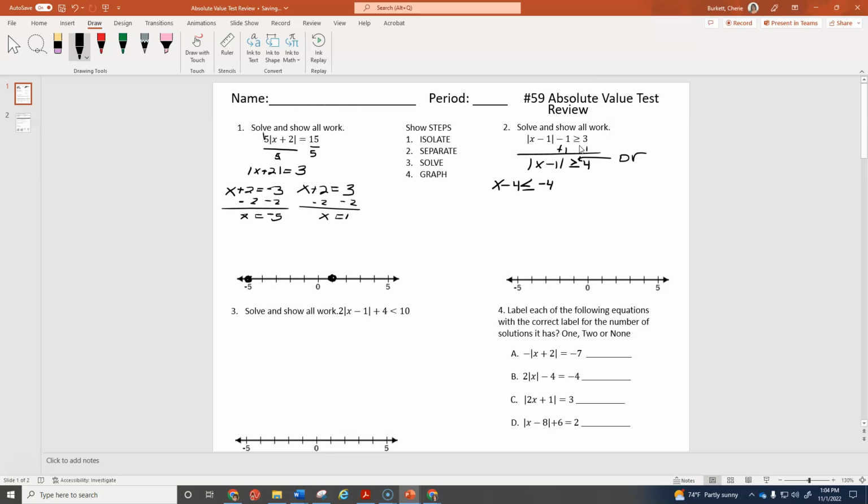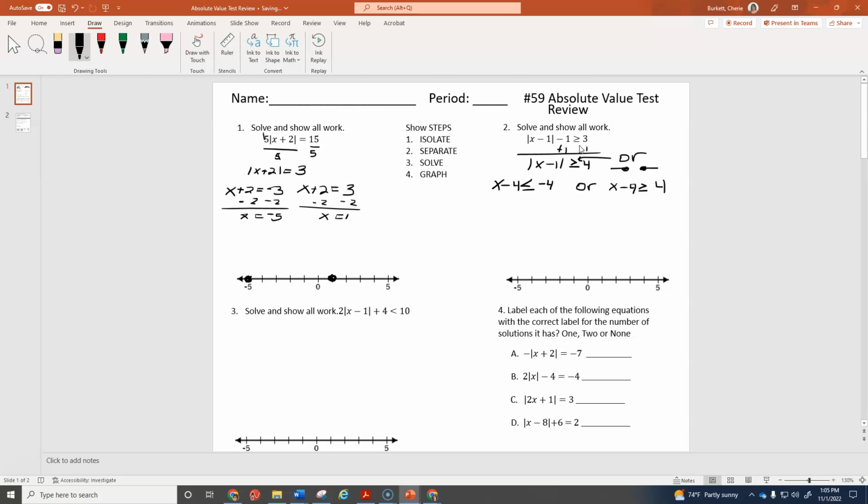That means when I get this graphed in a minute, it's going to be shaded on the outside of my 2 end dots. That's what that symbol right there tells me. So I switch the inequality for the -4, put the word OR, and I leave the greater than inequality there for the +4.